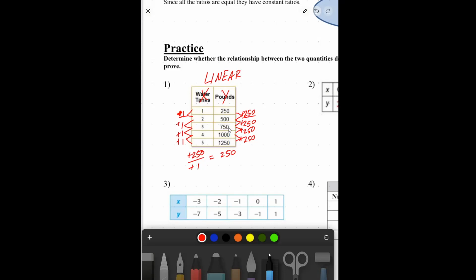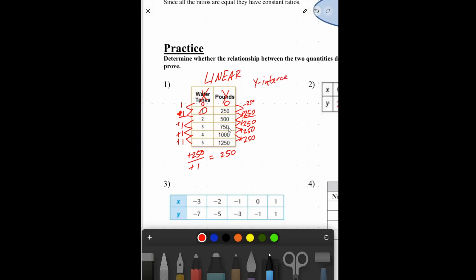The key thing you're looking for is, when x is 0, what's the y going to be? To get to 0, all I have to do is go back 1. If I subtract 1 from this one, I get 0. And to go back, I would subtract 250, and that would give me 0 here. So the y-intercept is 0.